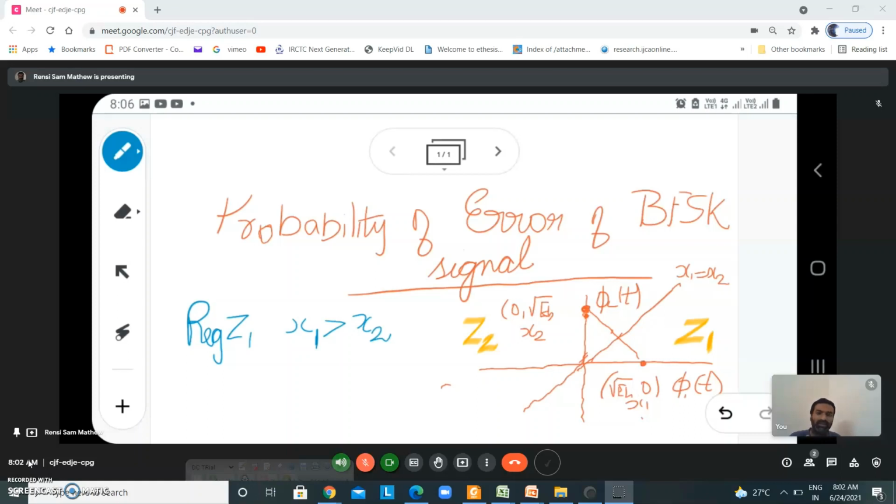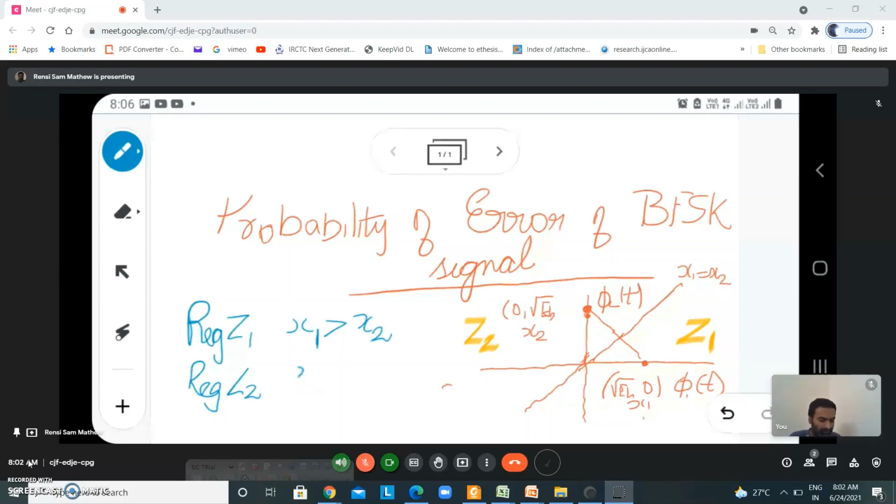So region Z1 will be the region where x1 is greater than x2, and region Z2 will be the region where x2 is greater than x1, or x1 is less than x2. So that is how we identify the two regions.